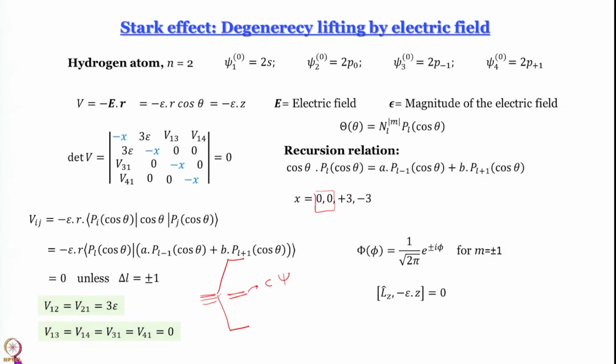So, I can write C psi 2 zeroth plus D psi 1 0. There is no reason for writing 2 before 1, but then it does not really matter. So, these are actually linear combinations of this 2s and the 2p0 orbitals. Okay.